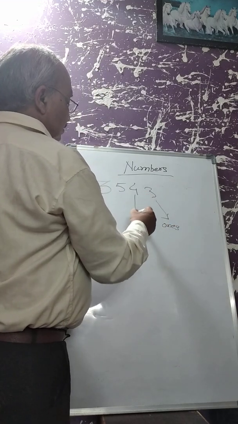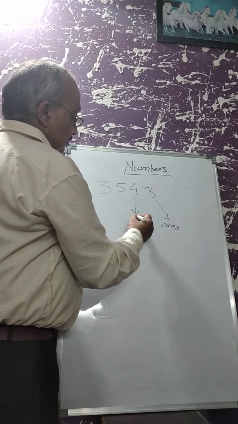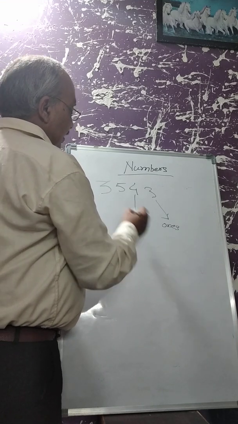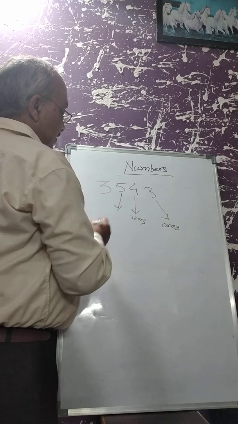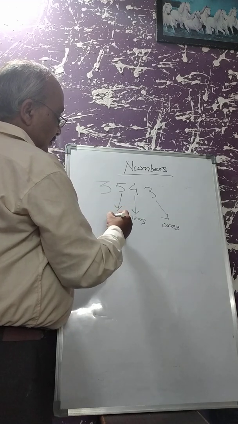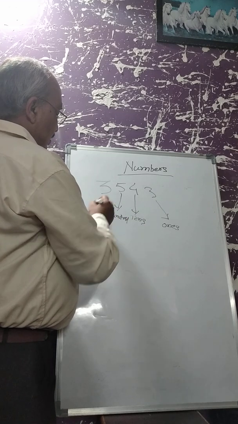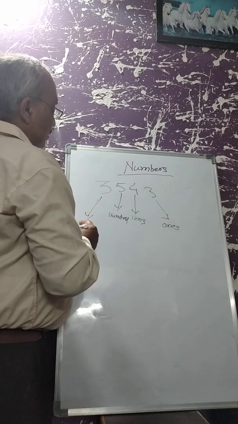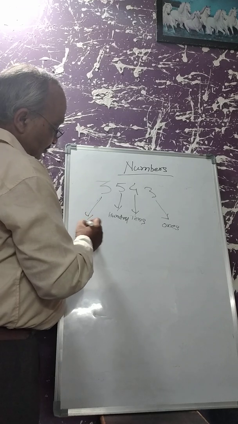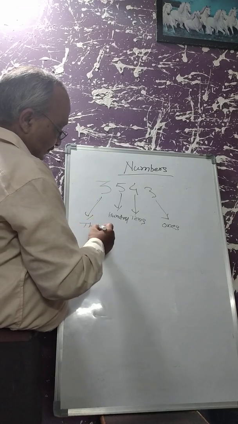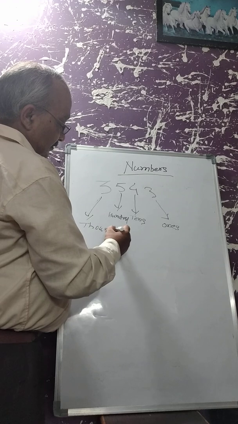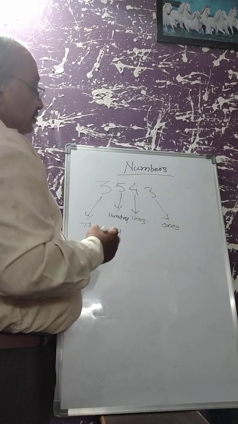This 4 is the place of tens. This 5 is the place of hundreds, and this 3 is the place of thousands.